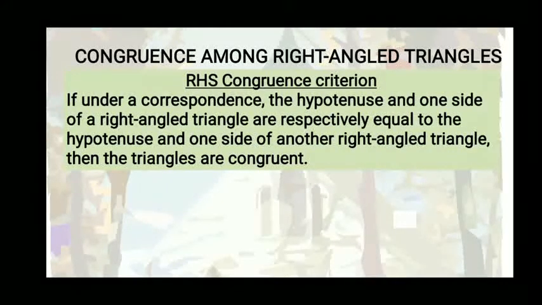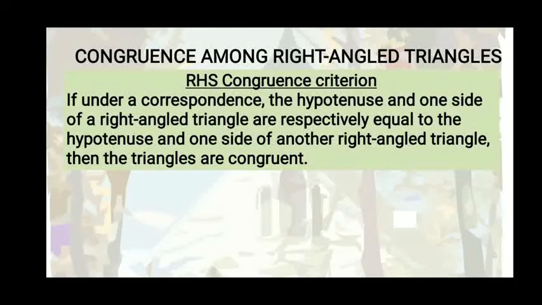Therefore the statement reads: if under a correspondence the hypotenuse and one side of a right angle triangle are respectively equal to the hypotenuse and one side of another right angle triangle, then the triangles are congruent. Here we are talking about the hypotenuse and one of the perpendicular arms of a right angle triangle. The name RHS stands for right hypotenuse side, not right hand side.